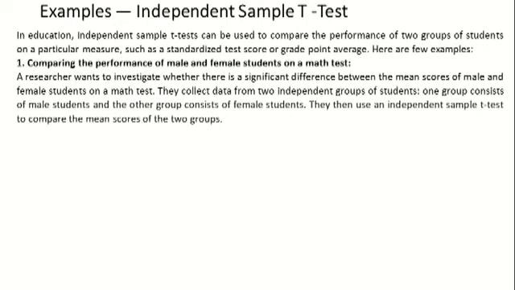One group will consist of the male students and another group will consist of the female students. Then they use an independent sample t-test to compare the mean score of both groups. In other words, you will calculate the mean from one group and the other one, and you compare both means to see whether these two means are different from each other.